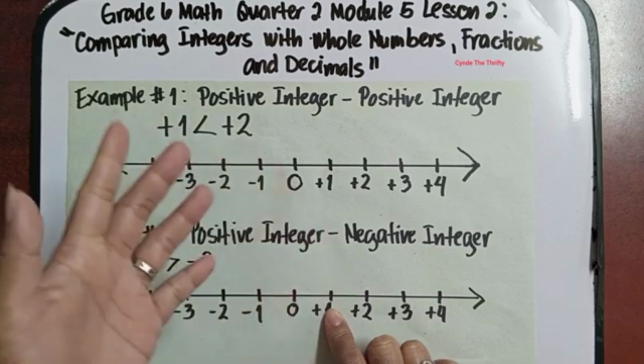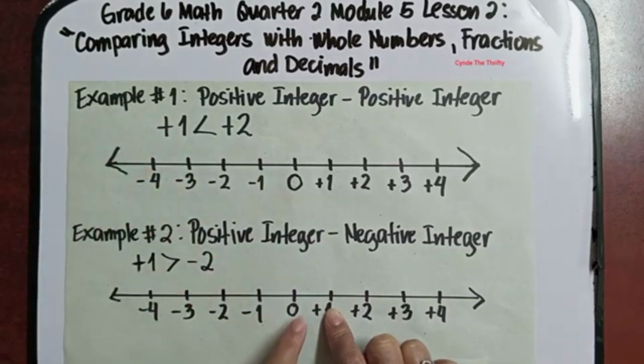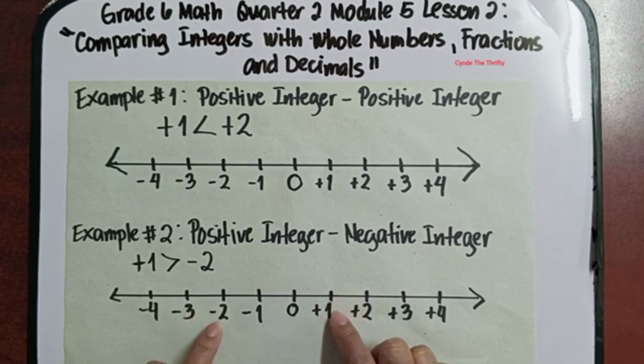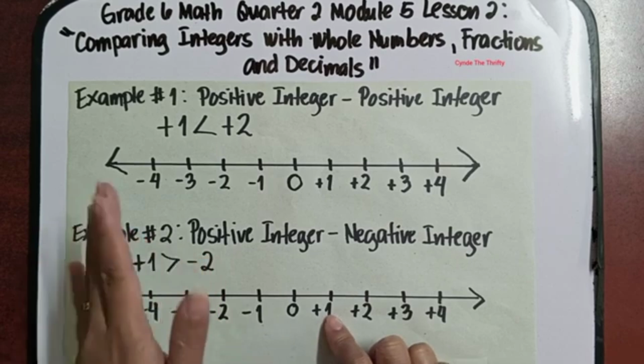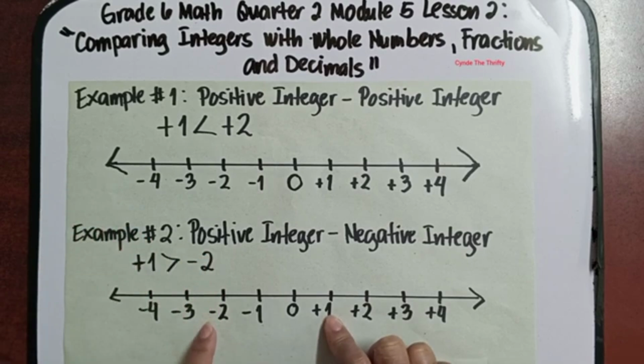According to our rule, ang integer na malapit sa 0 has a lesser value. Sino ba yung mas malapit kay 0? Si 1. Kasi si 2, dadaan pa tayo kay 1 bago kay negative 2. So, sino yung mas malaki ang value sa kanila? Si 1. Kasi tatandaan natin na lahat ng negative integer has lesser value than 1.